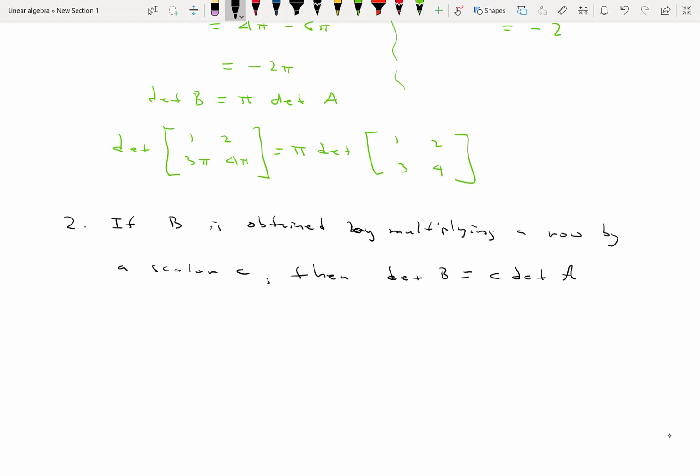Single rows. I'm sorry, I said that wrong. You can factor a constant out of a single row of a determinant.